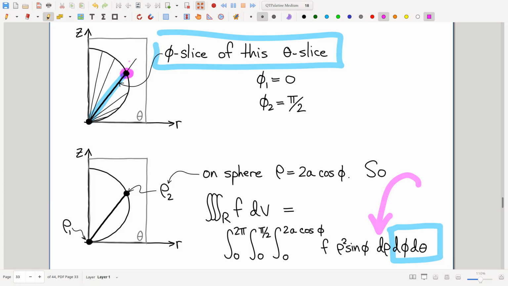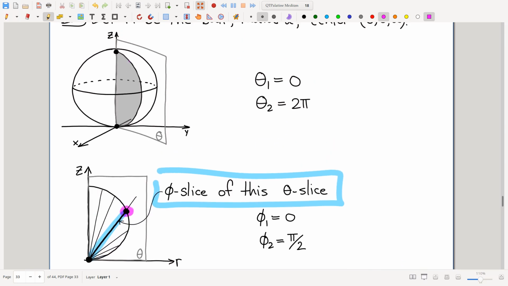A lot of students will look at that point and think, I don't know where that point is. What does that have to do with anything I was given? Don't forget, easy to lose track of this, but this whole picture came from over here. It is our theta slice. And so we are actually looking at a point here.